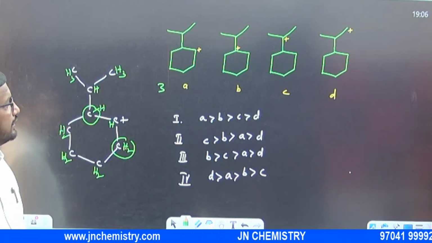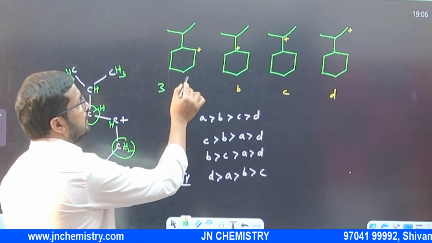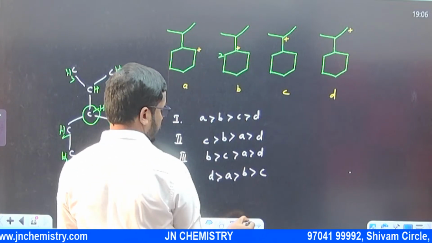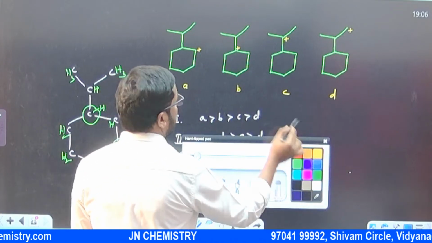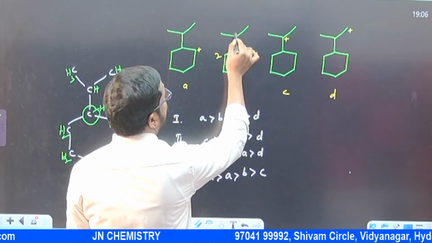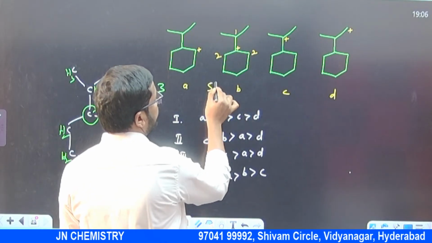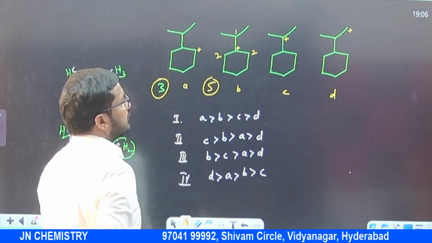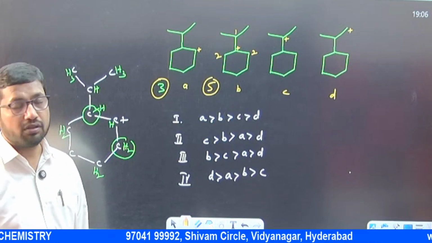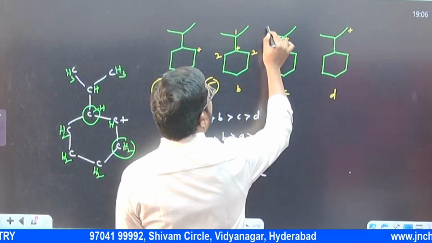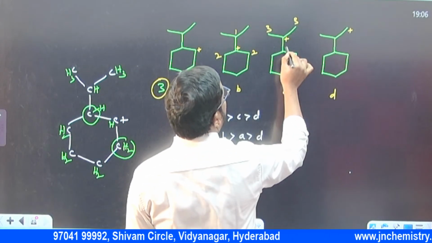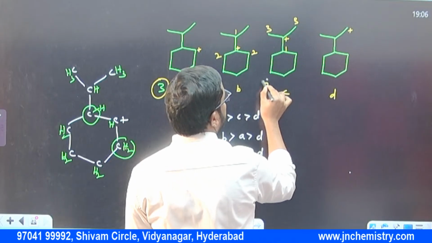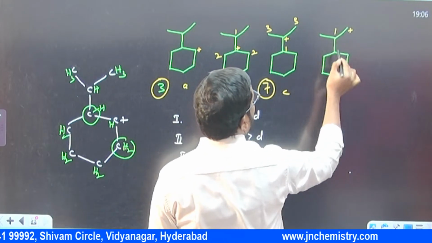B, here is 2, 2, 1, 5. C case, 3, 3, 1, 7. Here is only 1.